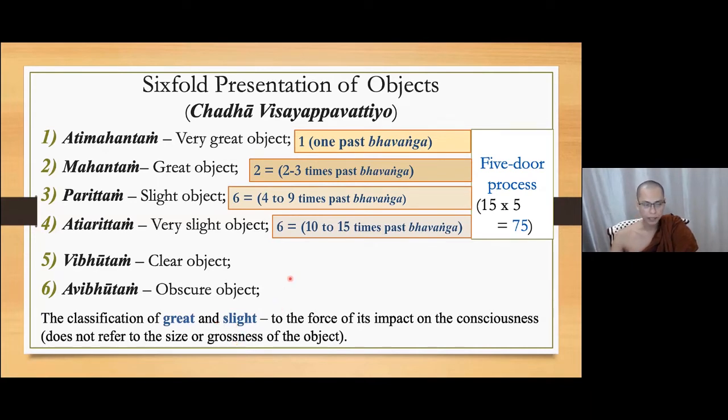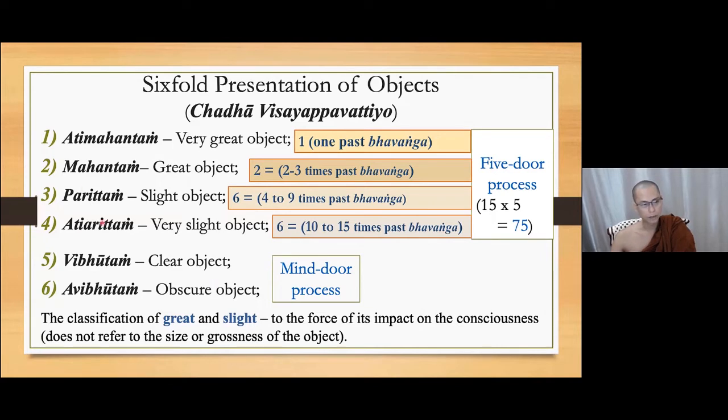Okay, and the remaining two, number 5, Vibhuta Aramana, a clear object, and Avibhuta Aramana. These are the objects of the mind-door process, not the objects of the 5-door process.